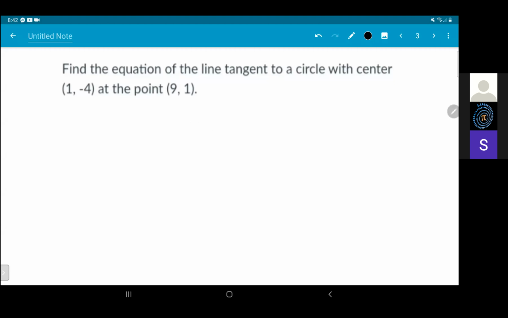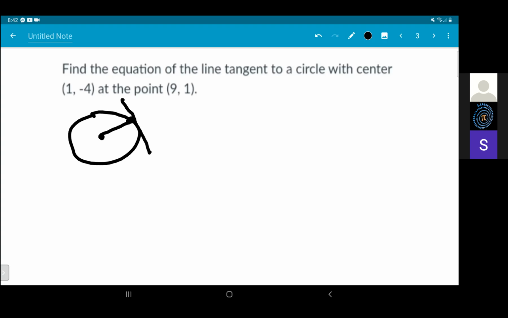If say this is the circle, the center, and this is the point of tangency, then you know that the radius from the center to the point of tangency will be perpendicular to the line tangent at the point of tangency.